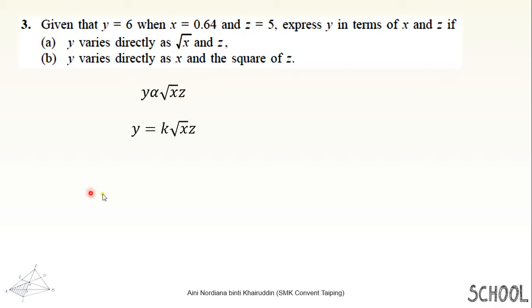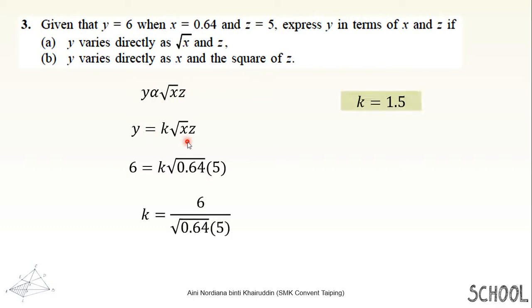Next, write in the equation form. Substitute the value of Y, X and Z and then you will get the value of K. Then substitute this into the formula. So this is the answer for 3A.